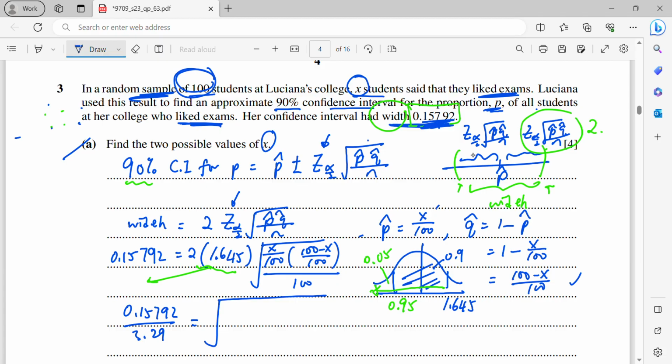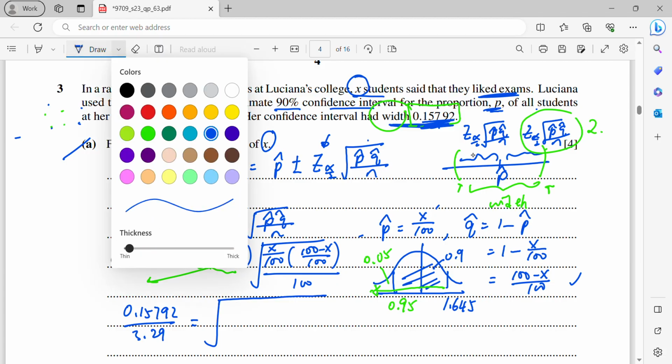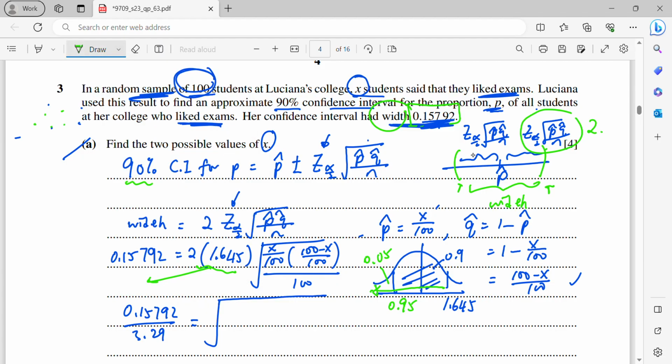Right? Now, when you simplify the square root, look at the question, look at the solution here. Here is over 100. This is over 100. Here is again over 100. Means that these three terms can be combined together. Alright, so I will move down the 100, which means I will simplify it into X times 100 minus X over 100 cubed.